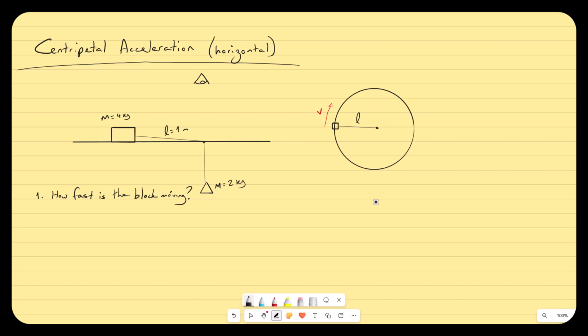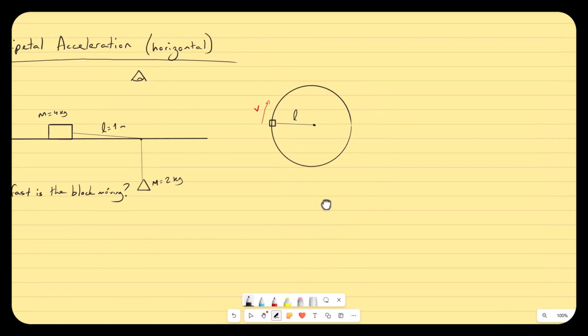And you know this if you have ever taken a string with a ball in one hand and swung it around in circles. If you just let go, it's going to go flying away. If you slow down too much, it's just going to drop. So there is some speed where you can hit that steady sweet spot.